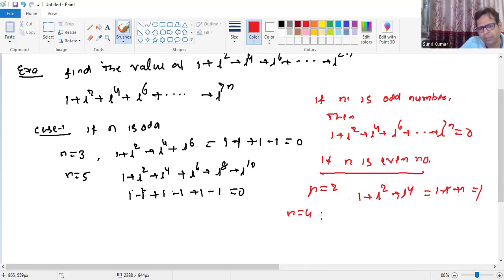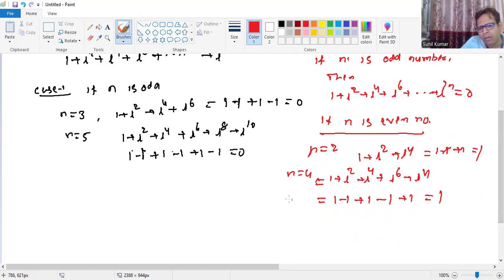Similarly, if n is 4, we get 1 plus i power 2, i power 4, i power 6 plus i power 8, which is 1 minus 1 plus 1 minus 1 plus 1, again 1.